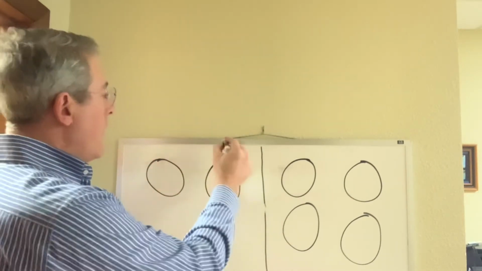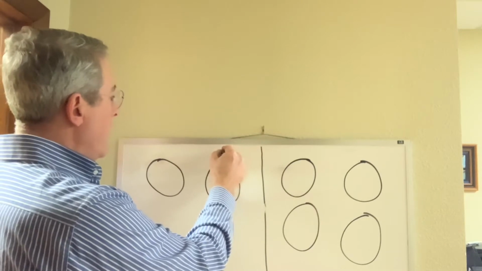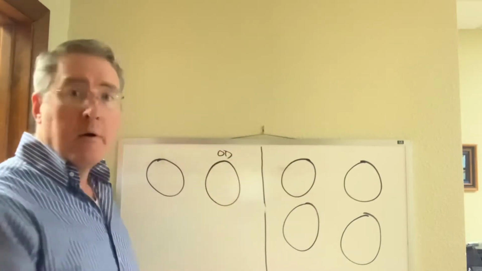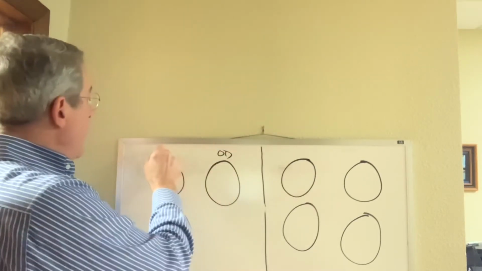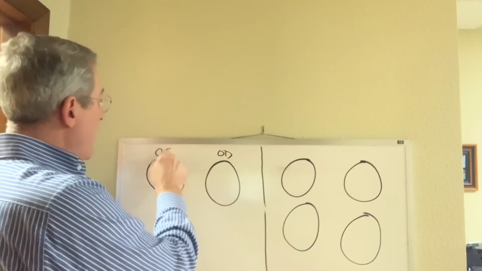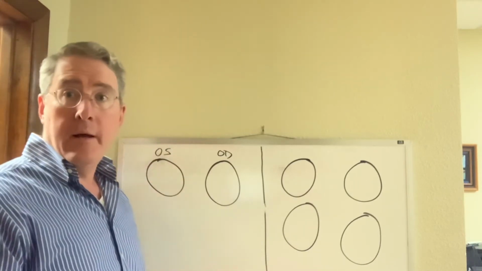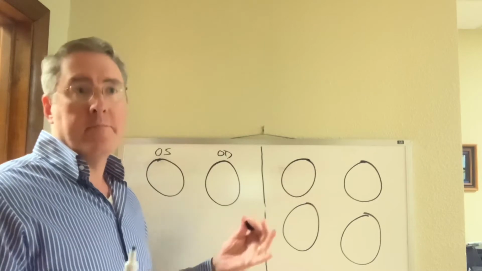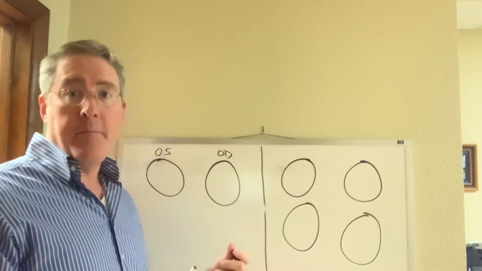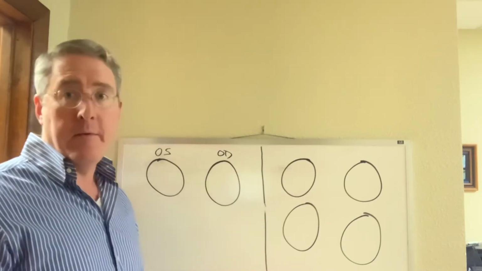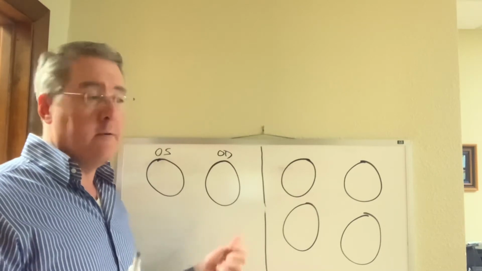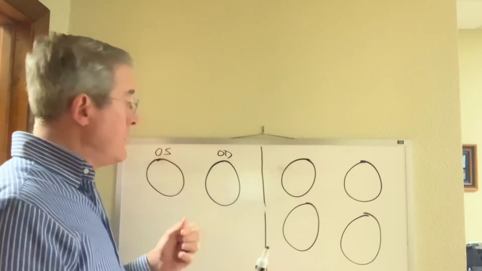So the right eye always goes over here, and that's the oculodexter. And then the left eye goes over here, that's oculosinister, because apparently in the Renaissance, left-handed people were evil. So left was sinister and right was dexter.